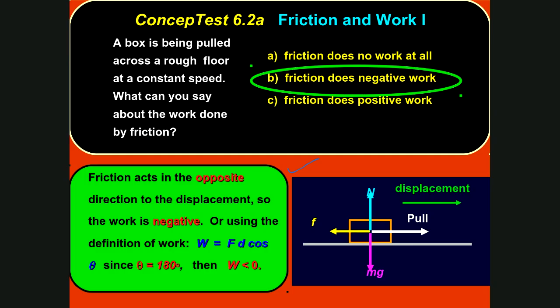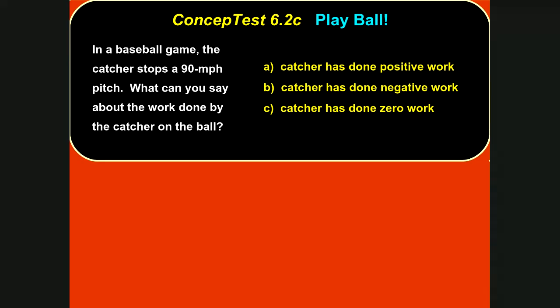So next, a baseball game. The catcher stops a 90-mile-per-hour pitch. What can you say about the work done by the catcher on the ball? So there's a catcher and there is a pitch.